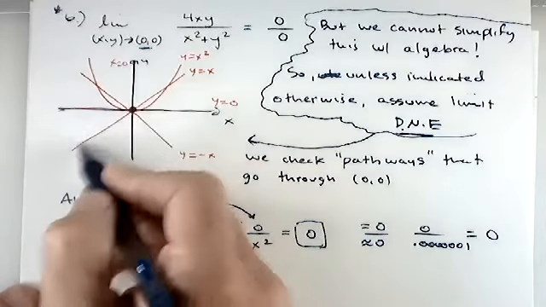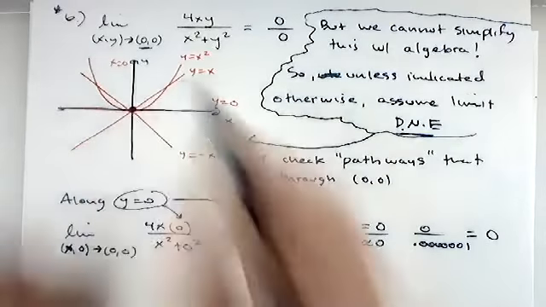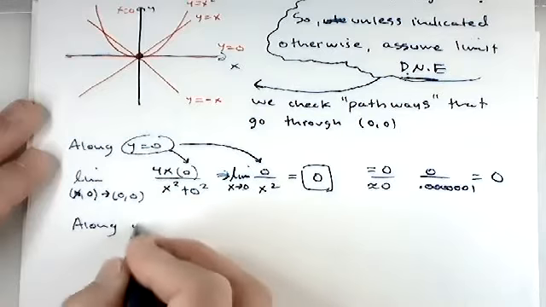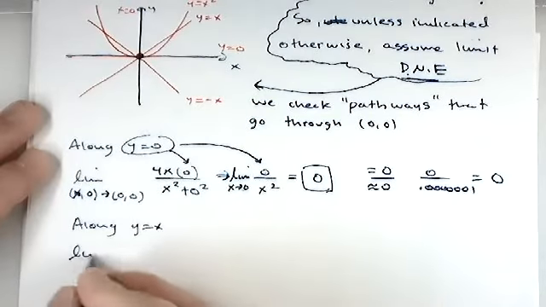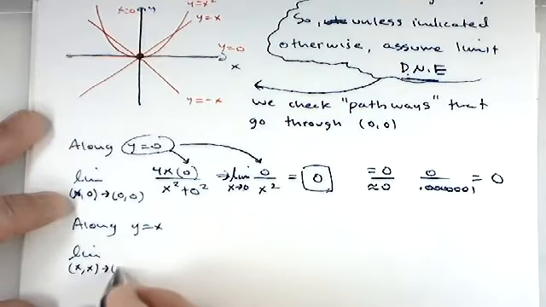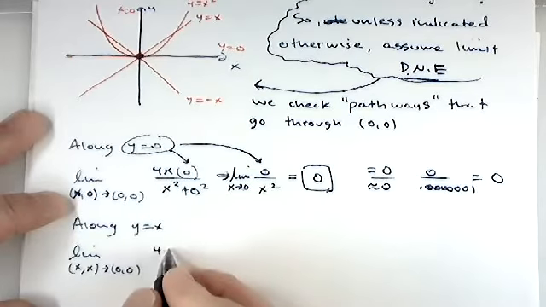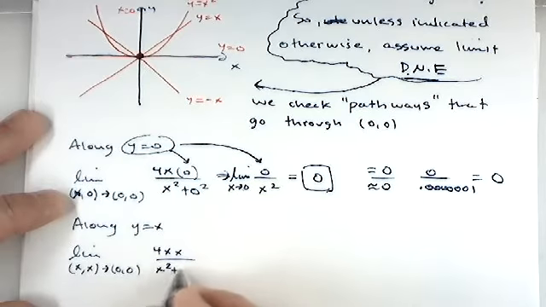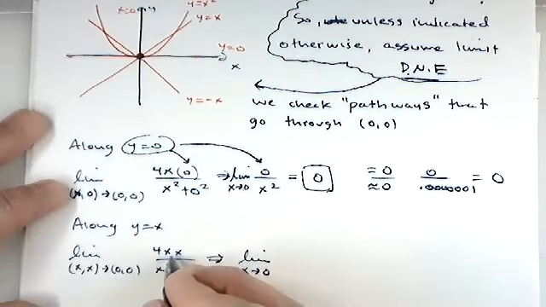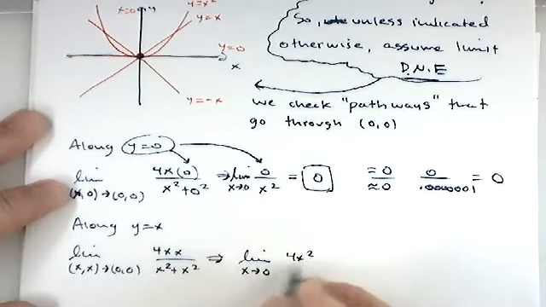So let's try, how about y equals x? So I have x, and since y is x, I could have x comma x approaching 0, 0. If I plug in x for both of my y's, notice this now just turns back into a regular old x limit, where the numerator is 4x squared.